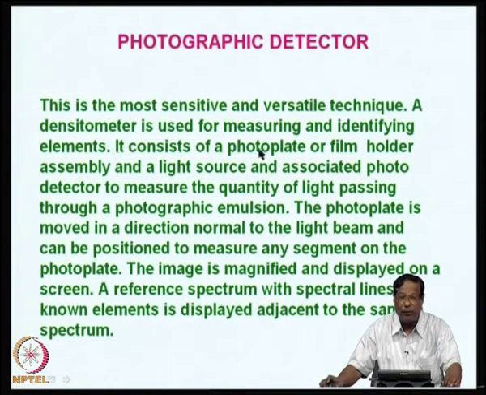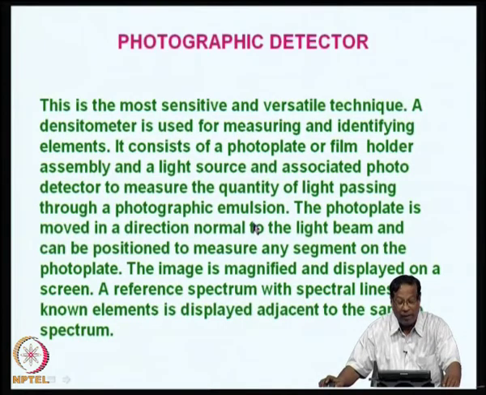For that, you need to know the emission lines, and you need a densitometer to measure the extent of darkening of the photographic emulsion plates. It consists of a photo plate or film holder assembly, and the light source and associated photo detector to measure the quantity of light passing through a photographic emulsion.